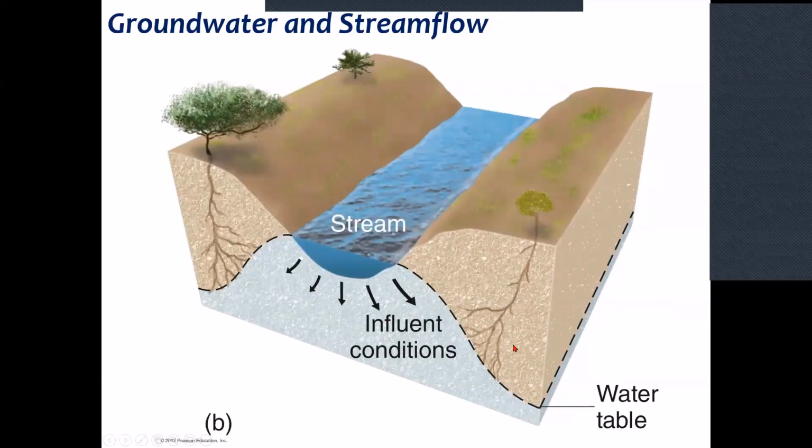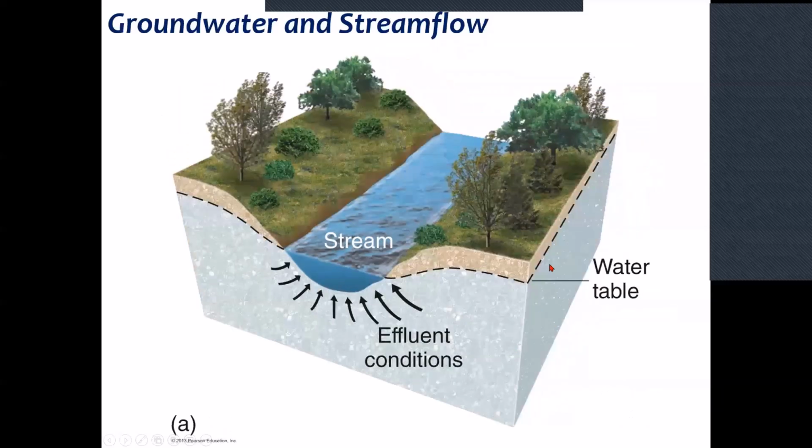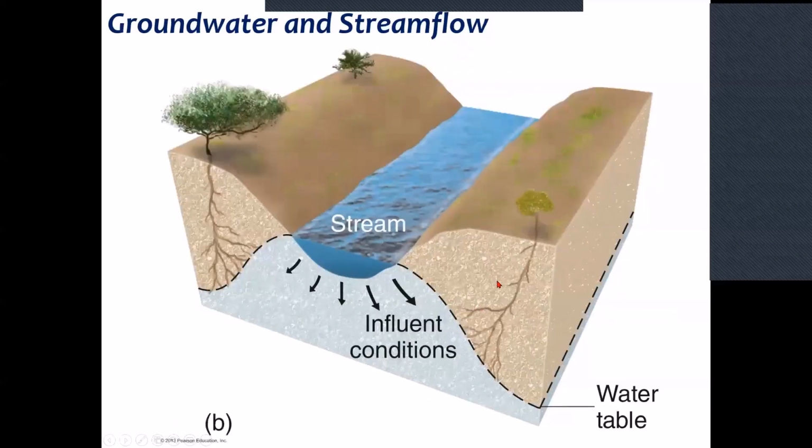Another thing to get from this is not necessarily that this is highly vegetated and this is not vegetated, but if a river is frequently in influent conditions, i.e. the river has moved into a geological or soil type setting where it's generally going to be influent, well then if it's constantly losing water to the groundwater, there may not be a lot of vegetation there. A desert would be a good example. You have a river running into a very sandy, arid environment, and it's losing water all the time. That's not conducive to a lot of vegetation.